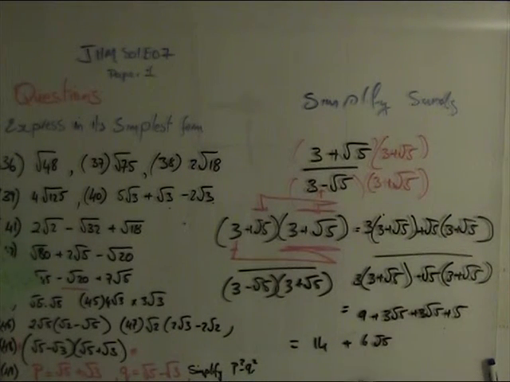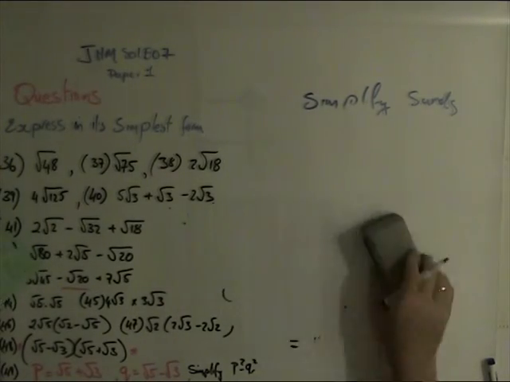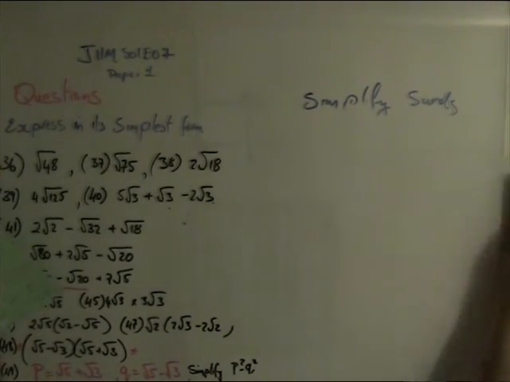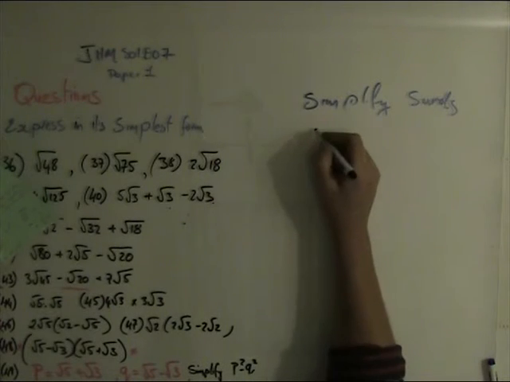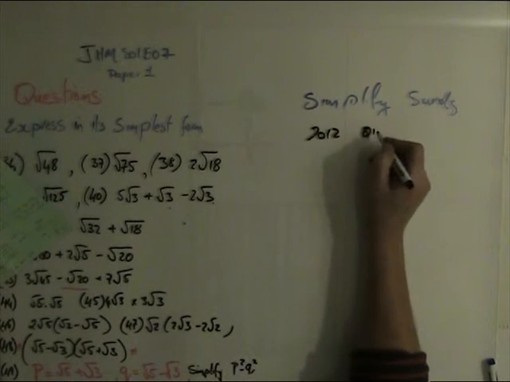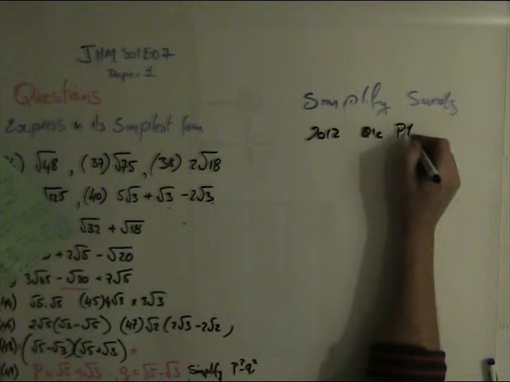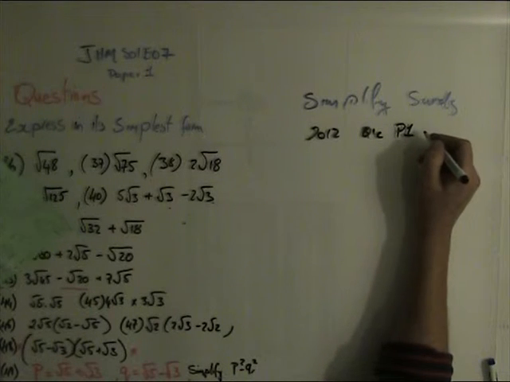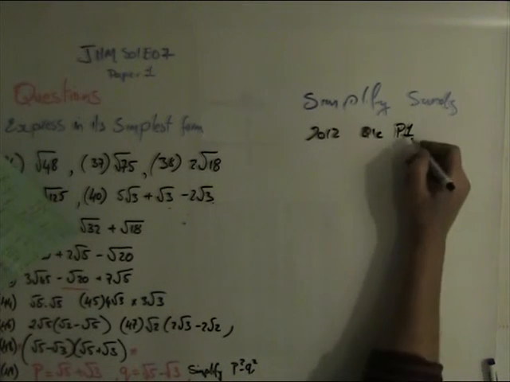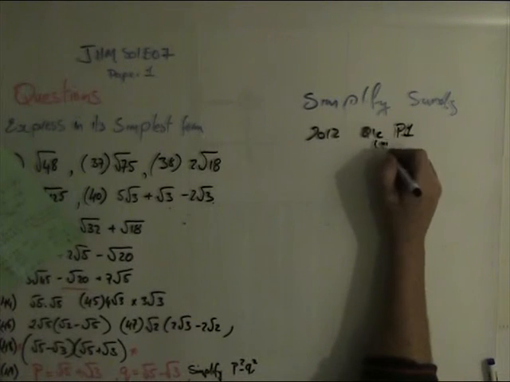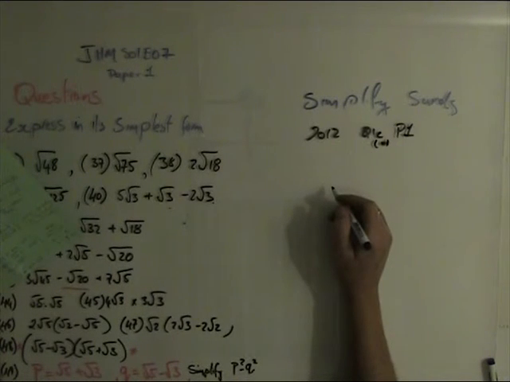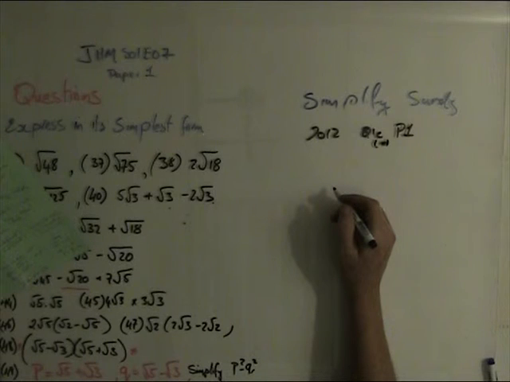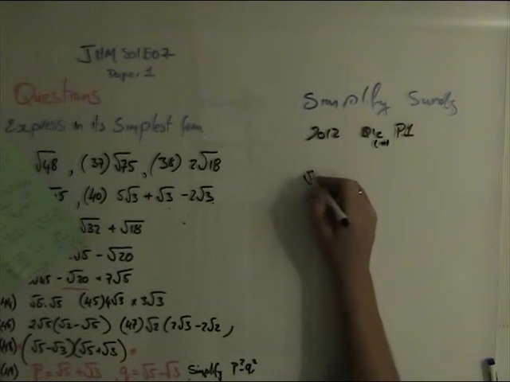Right, okay, moving along. And we're just finishing up now, and I found one question, and that was in 2012. Question 1C, paper 1, and it's C3, I think. And the question was written like this.